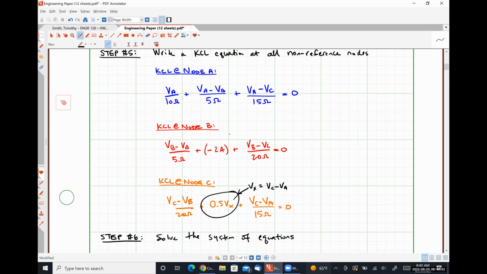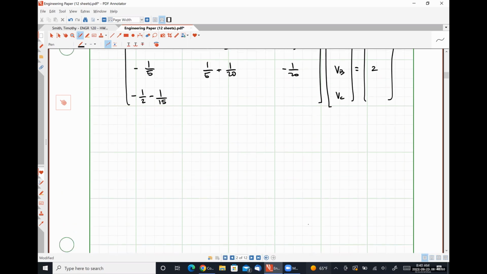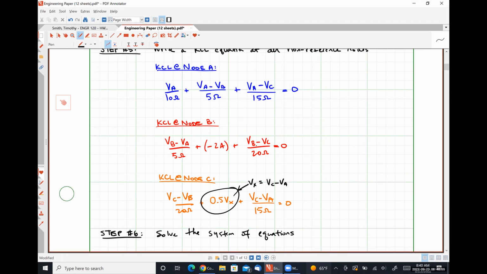Our coefficient for VB. Anybody have any thoughts on our coefficient for VB? -1/20th. Alrighty, no problem. And our coefficient for VC. So 1/20th, 1/15th, and 1/2, right? Yeah.